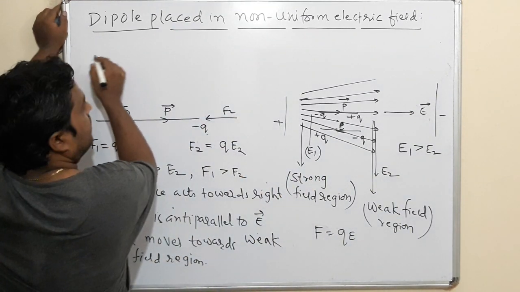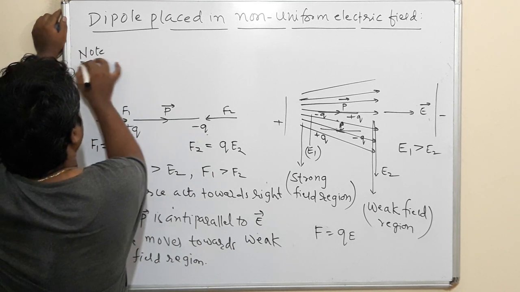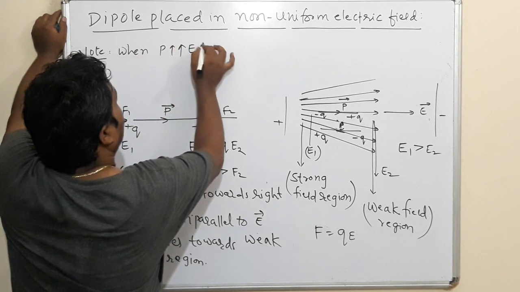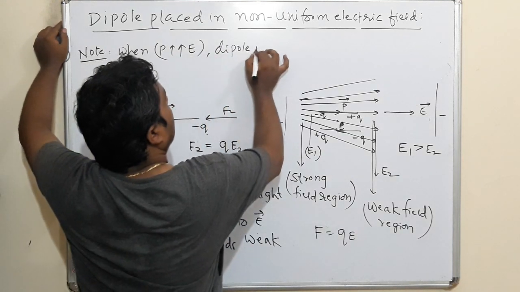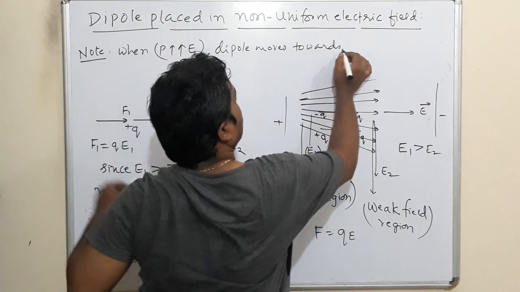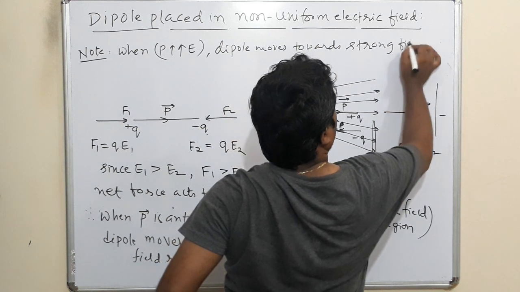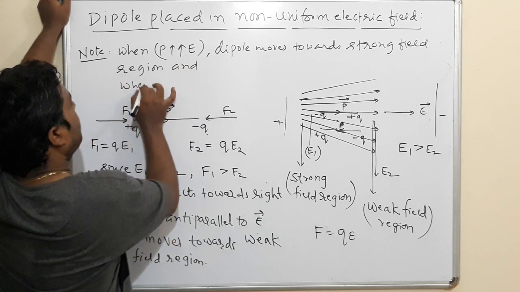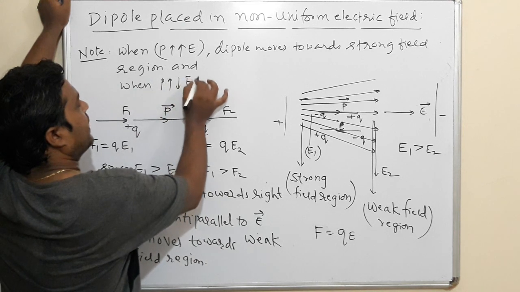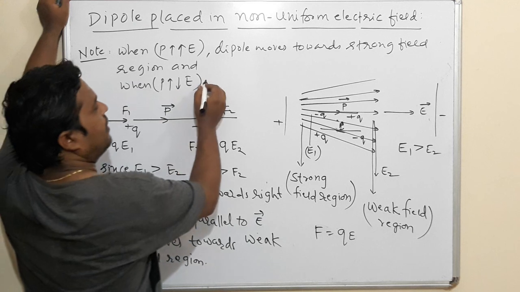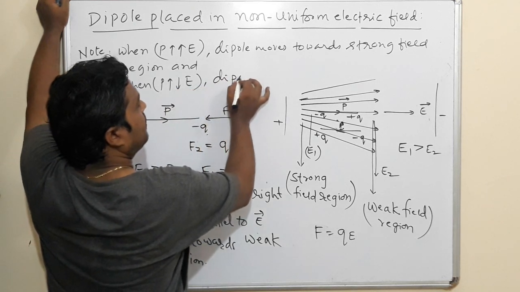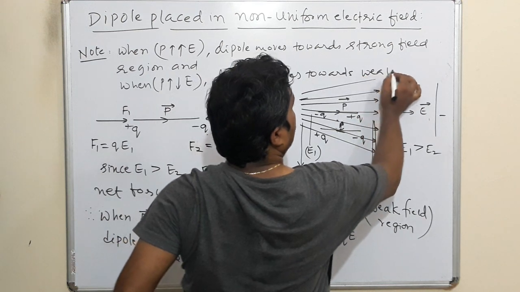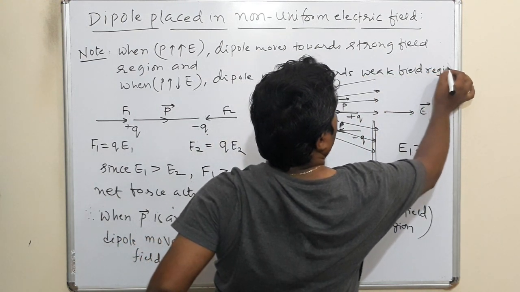That means what I can say is, you write this: when P is parallel to E, the dipole moves towards the strong field region, and when P is, I will take this like this, opposite arrow marks, it indicates it is anti-parallel, anti-parallel to E, the dipole moves towards the weak field region.